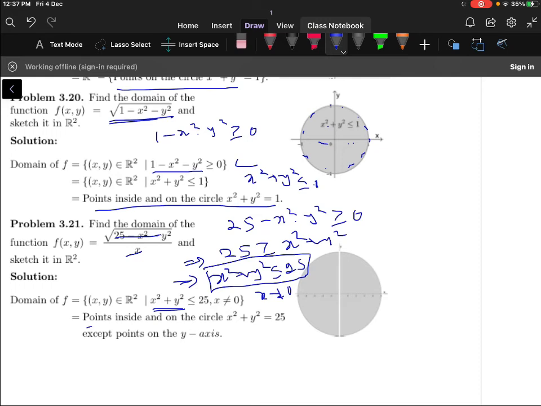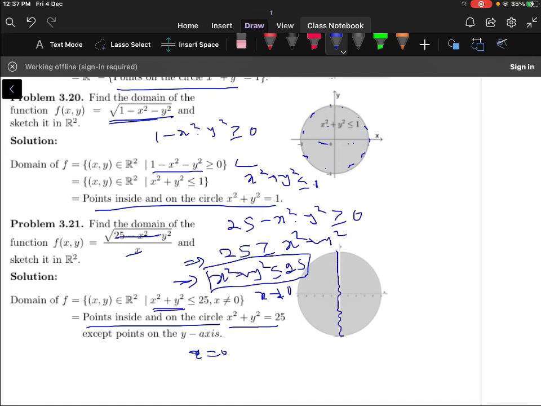It means points inside and on the circle x² + y² = 25, except the points on the y-axis. Y-axis means x = 0. You should not take the points on the y-axis. So the region is a circle with center origin and radius 5, and you should neglect the points on the y-axis.